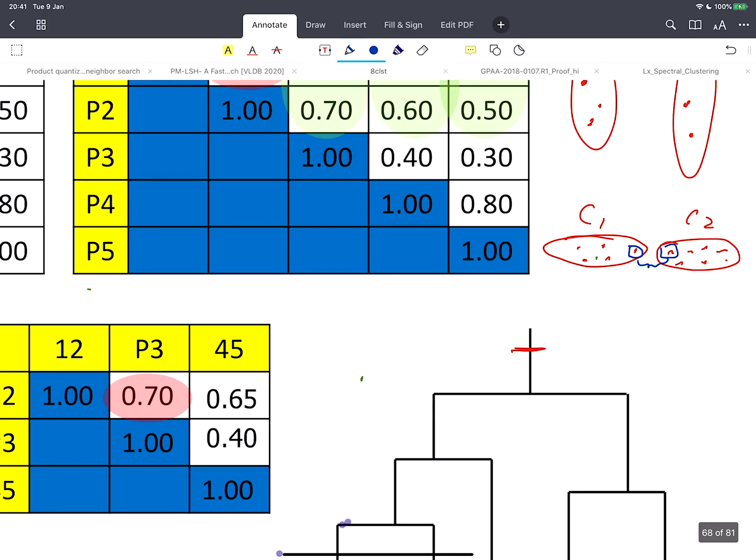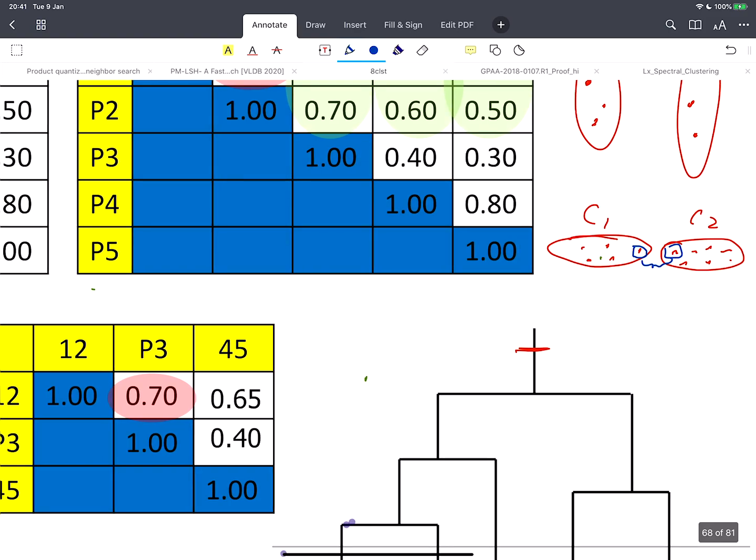But if you think about the max algorithm, or the complete link, it looks for the worst case. The worst case is something like these two, so it's the distance between these two points.